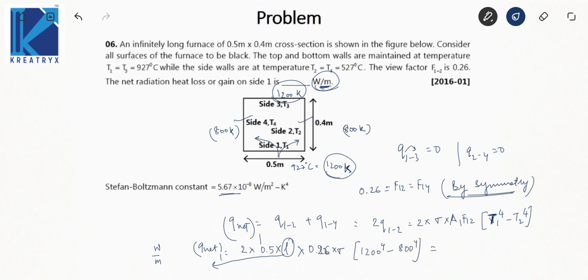Solve this, you'll get the answer as 24530.688 watt per meter. Units, take care of the units.